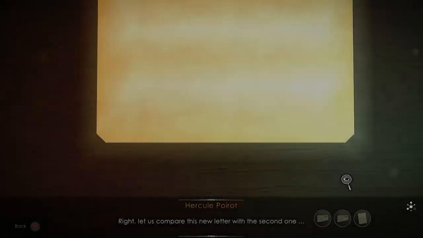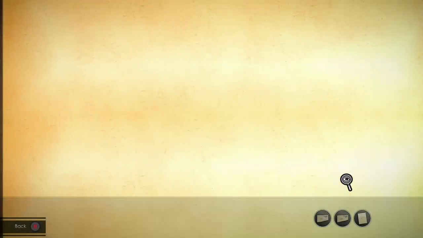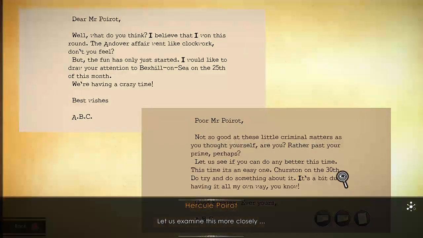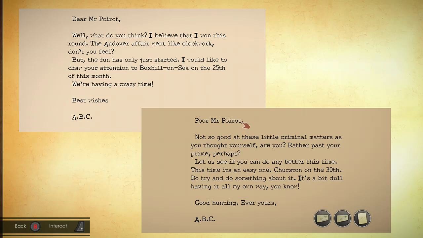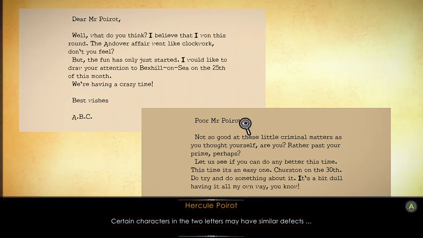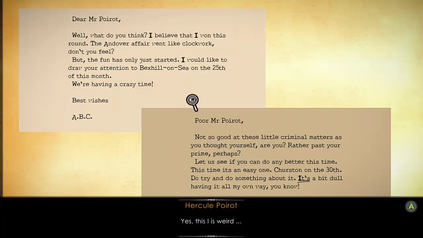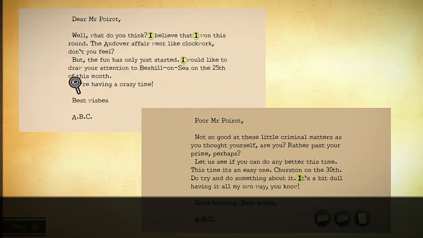Right, let us compare this new letter with the second one. Let us examine this more closely. Certain characters... yes, this eye is weird.